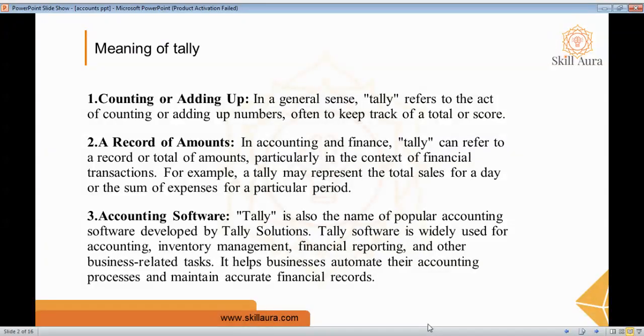So when it comes to the Tally uses, Tally is widely used in India and other countries also. So it helps you to manage the business financing, recording expenses, tracking the expenses, and generate the reports. And it is also known for its user-friendly interface and ease of use and robust features.